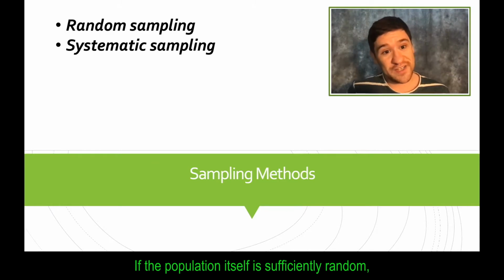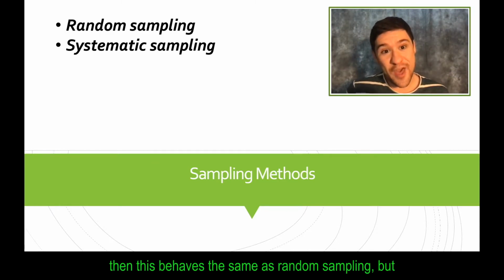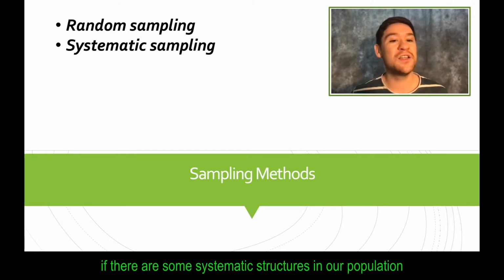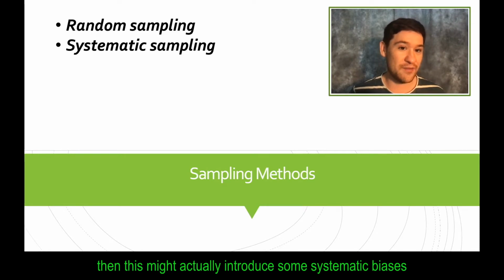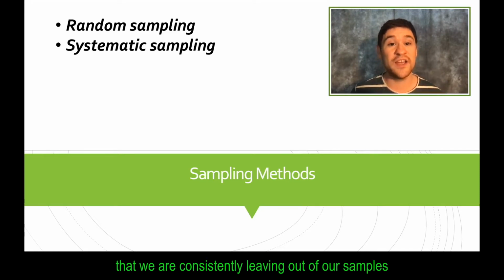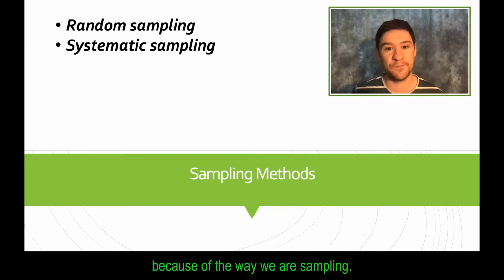If the population itself is sufficiently random, then this behaves the same as random sampling. But if there are some systematic structures in our population, then this might actually introduce some systematic biases. What that means is that there might be certain observations that we are consistently leaving out of our samples because of the way we are sampling.